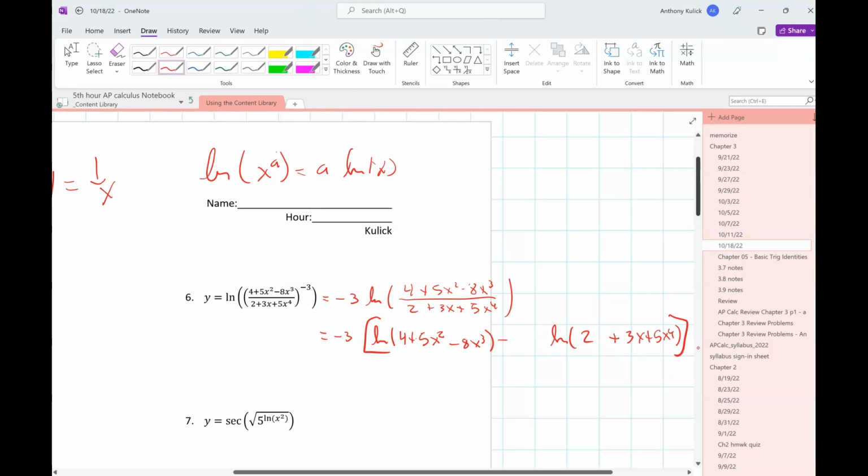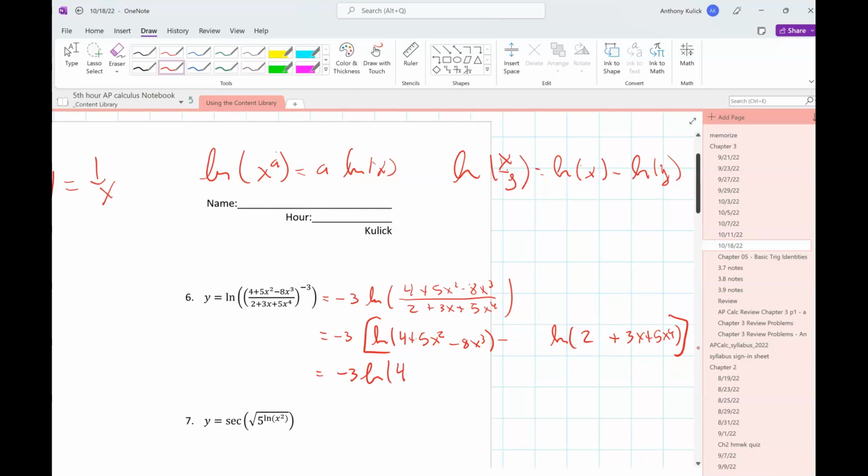All I've done is a property for logs. I did the quotient property for logs. Now I can distribute the -3 through, which I wanted to do before.